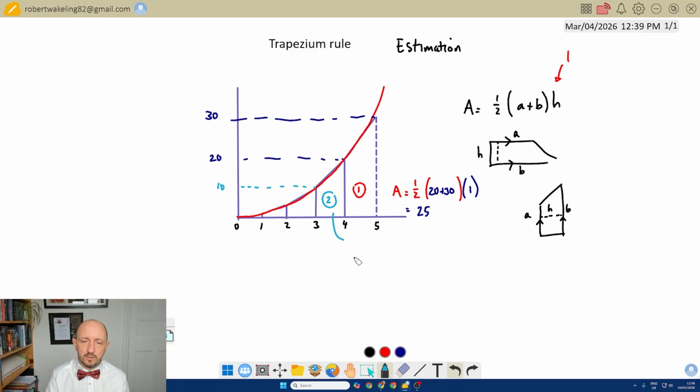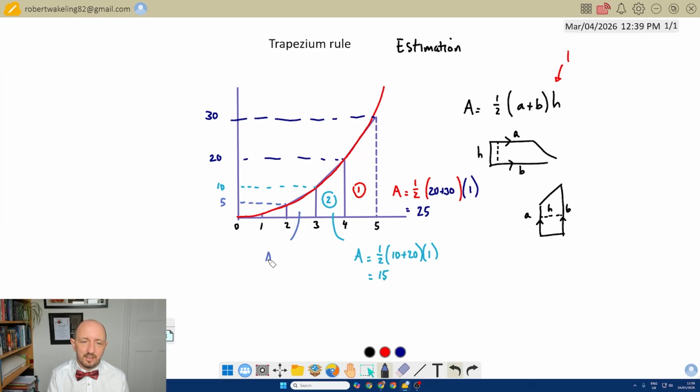So for this strip here, it'd be half 10 plus 20 times by 1. 10 plus 20 is 30, divided by 2 is 15. Okay, and we just keep going along and adding these up and not worrying about this really complicated rule that has this formula that we have to fill in. You can use that if you like, but my advice is just to do it like this.